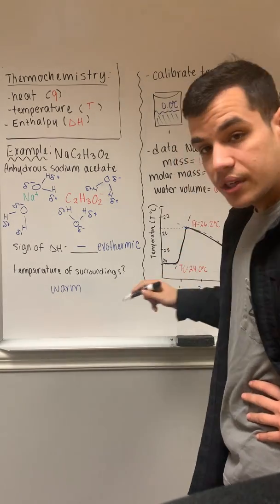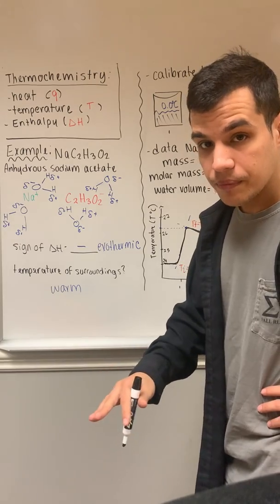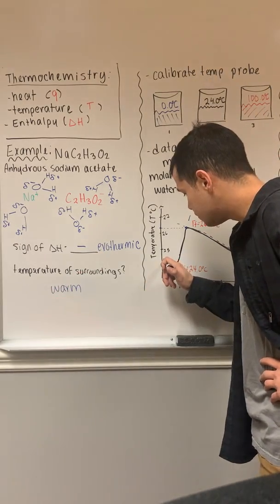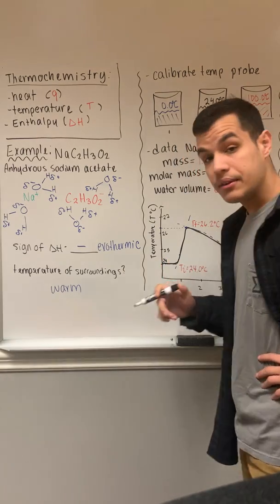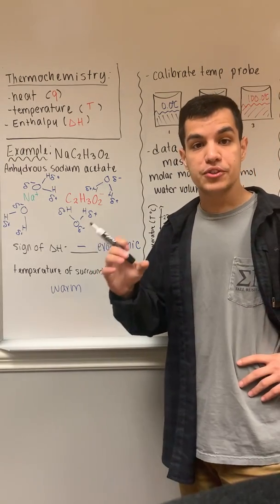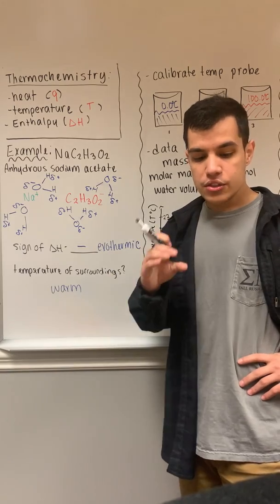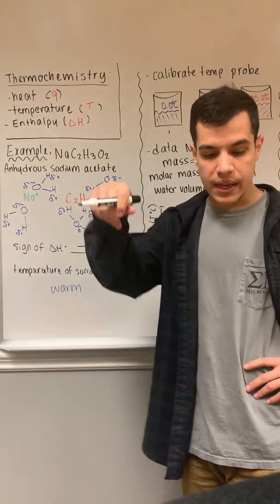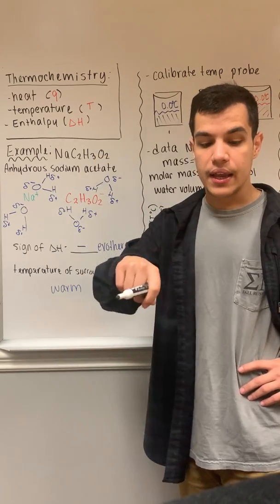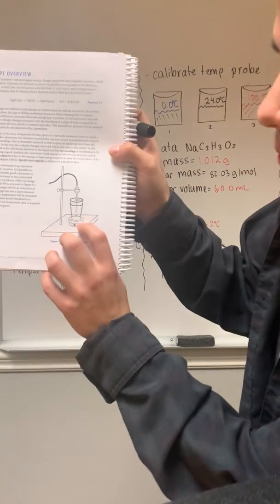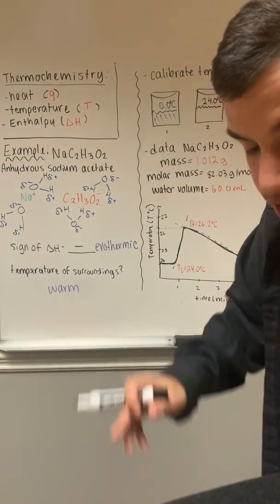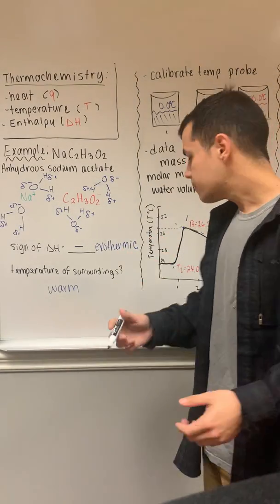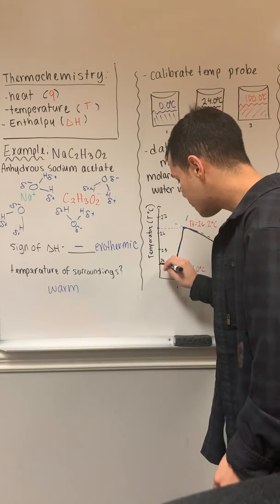When I start recording with just the 60 milliliters of water, I haven't added the sodium acetate yet, my graph pretty much stays constant, because in this graph we're looking at how temperature is changing over time. I just have a cup of water with the probe in it. The water's mixing, but the temperature's not really changing. So it's a flat line.